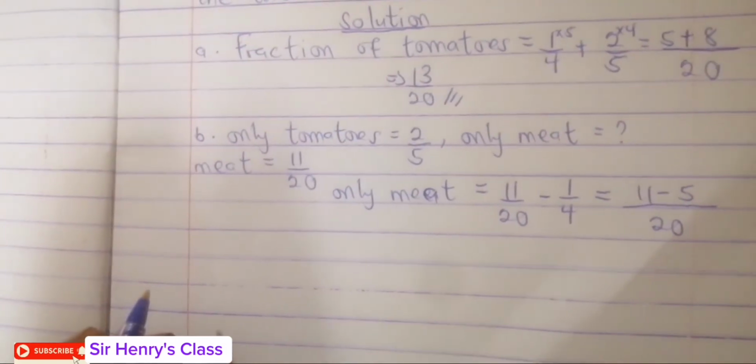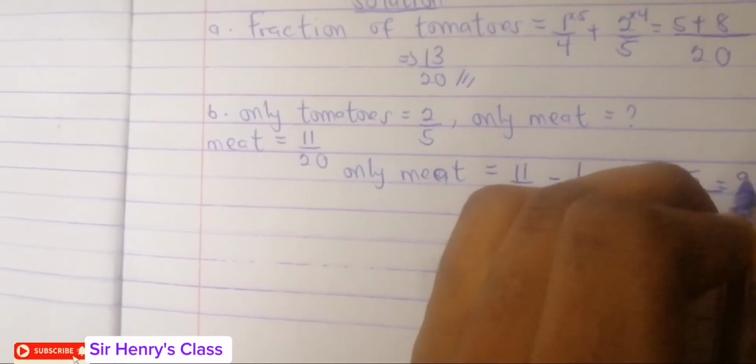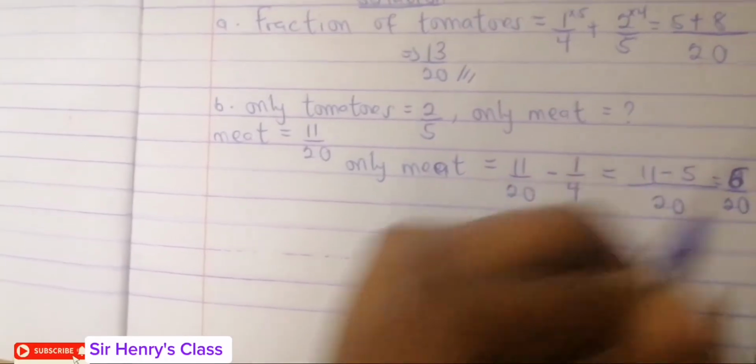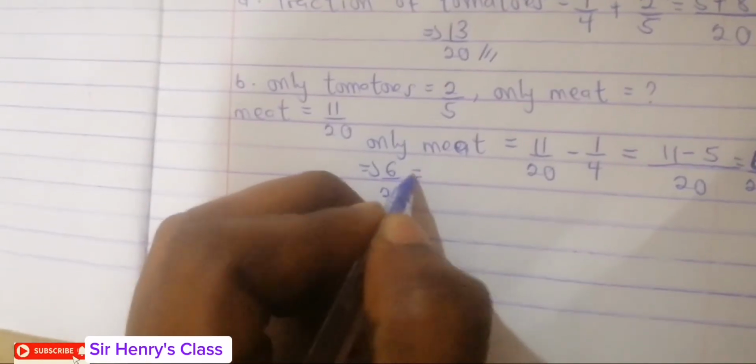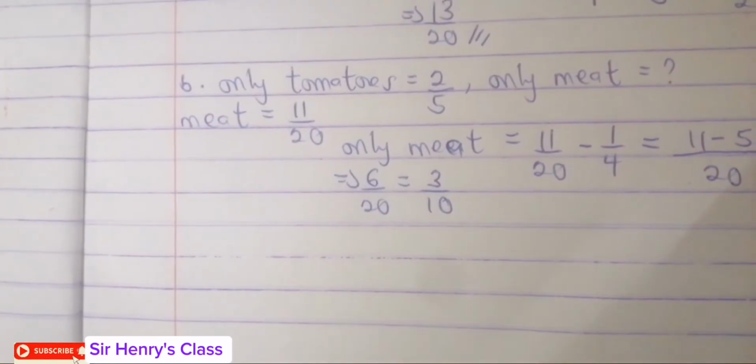So 11 minus 5 will give me 6 over 20. We can further reduce 6 over 20 to 3 over 10. So we are not done.